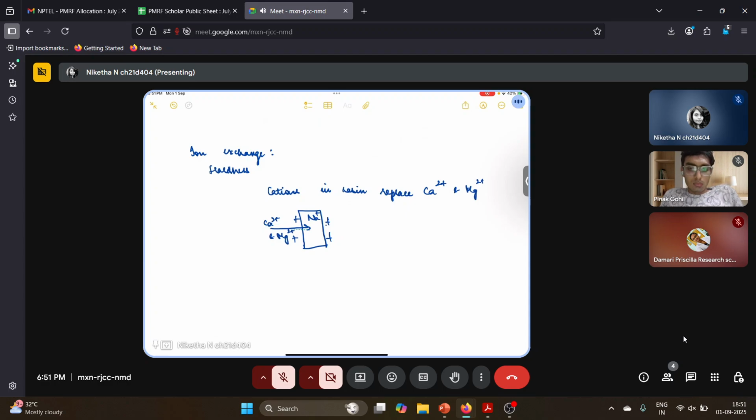This ion exchange is made of sodium ions. So when this calcium and magnesium containing water passes through the ion exchange membrane, these cations will be replaced by sodium, and the water coming out will be free from calcium and magnesium, but instead it is going to have sodium. Whatever calcium and magnesium was there is going to be retained on the membrane itself. In this process, over time, whatever sodium ions were there initially, all of it is going to be replaced by calcium and magnesium.